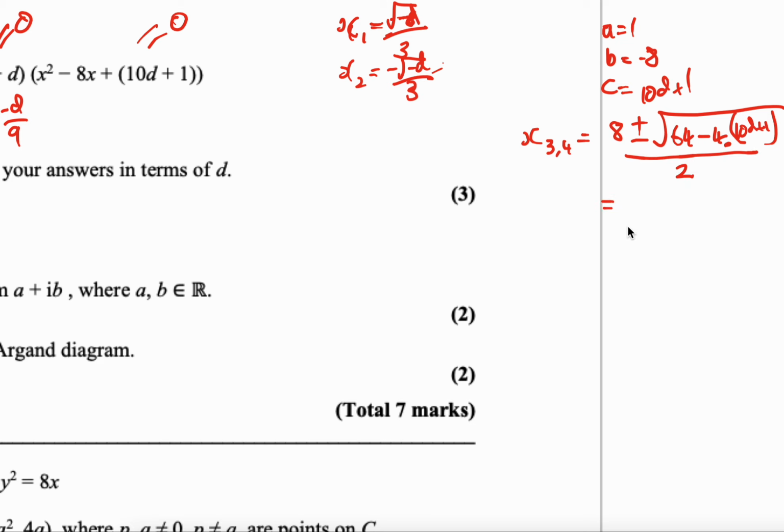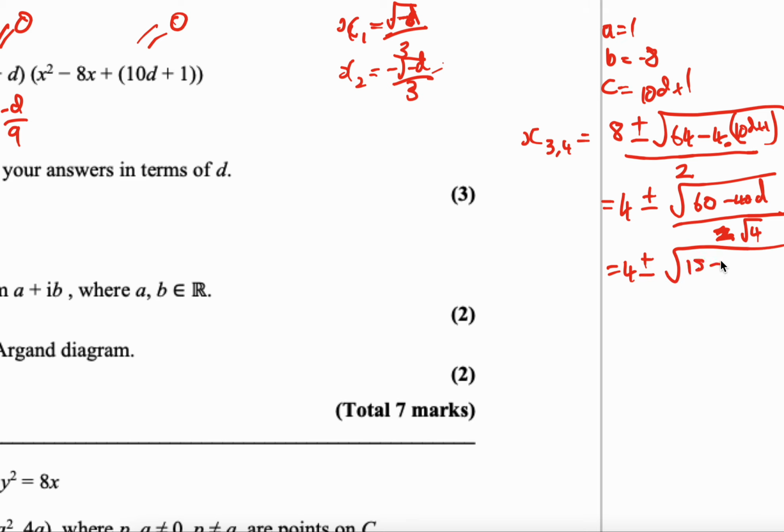So that's going to be 8 divided by 2, which is 4, plus or minus the square root of 64 minus 4 times 10d plus 1, so 60 minus 40d, all divided by 2. But you can change that 2 into root 4 and simplify further to get 4 plus or minus the square root of 15 minus 10d. Is everyone okay with what I've done there?